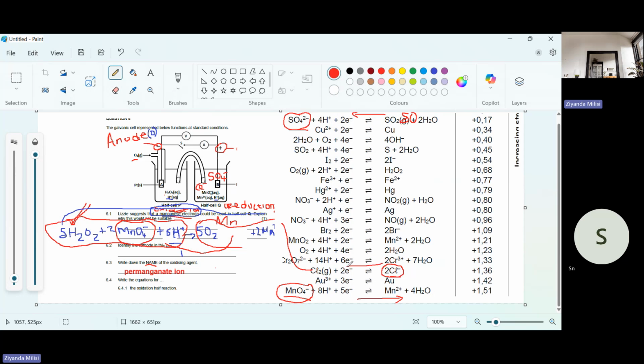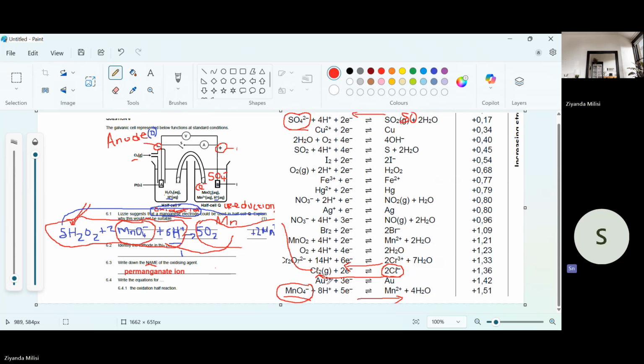Remember, this reaction is going this way. Yes. So Cl minus ions will definitely be oxidized to Cl2. Now, do you understand the explanation?